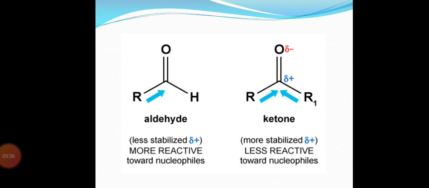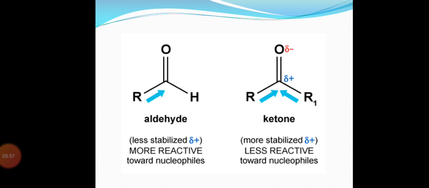It means this R is going to help attain the stability of the carbonyl carbon due to the hyperconjugation. But hydrogen is not able to support the carbonyl carbon's stability. That's why it is less stable and more reactive towards the nucleophilic reaction.